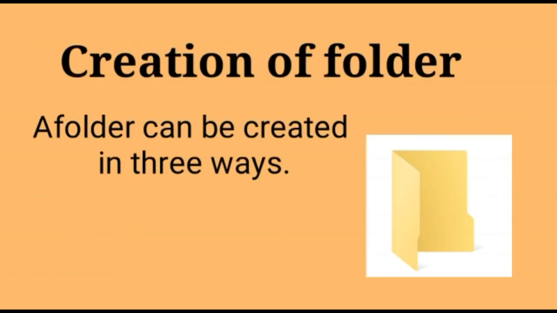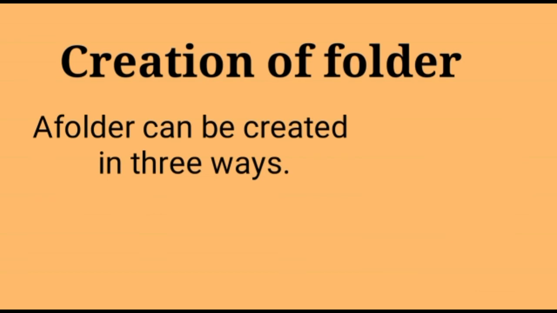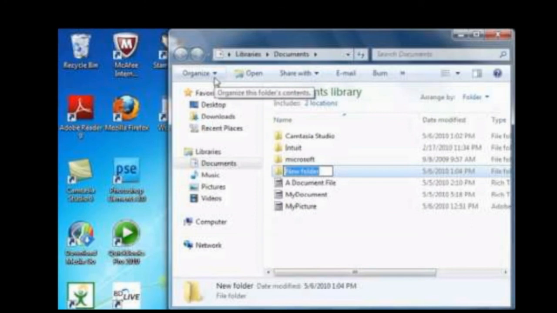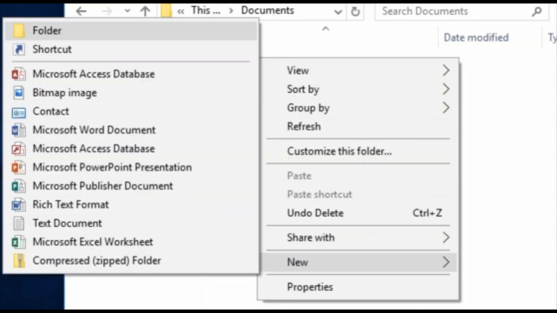Creation of folder. A folder can be created in three ways. Method 1. Click on the Windows Explorer icon from the taskbar. Select the location from the left side. Click on New Folder button. Method 2. Click on the Windows Explorer icon from the taskbar. Select the location from the left side.